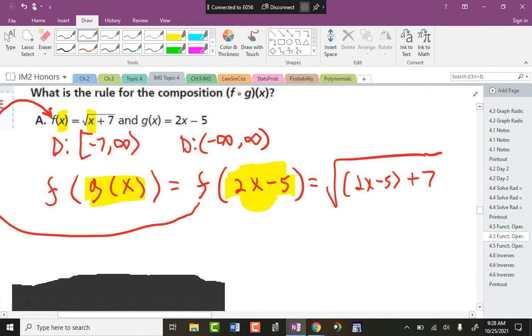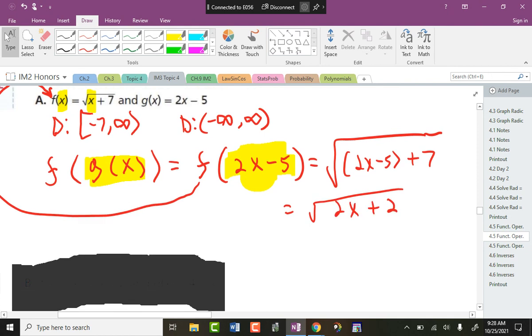And hopefully you're starting to pick this up and why I gave you that thought bubble. You understand the thought bubble, you understand what I just did here. Oh, by the way, we do have to clean this up. This is the square root of 2x plus 2. Now, careful. What's the domain of this? Can I plug in -2?